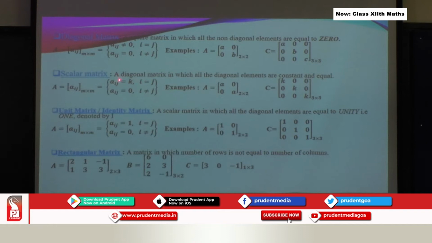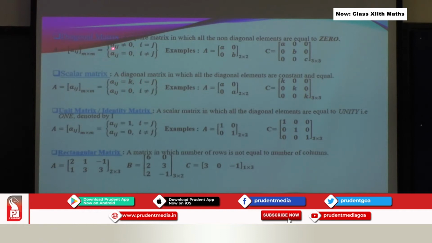So over here a scalar matrix is a diagonal matrix in which all diagonal elements are constant and equal. This is very important. All the elements along the diagonal, if you see, these are equal and this is a constant number.